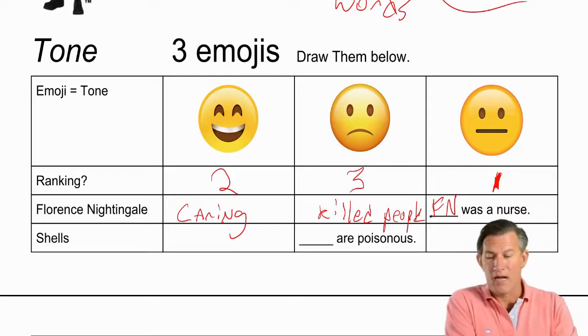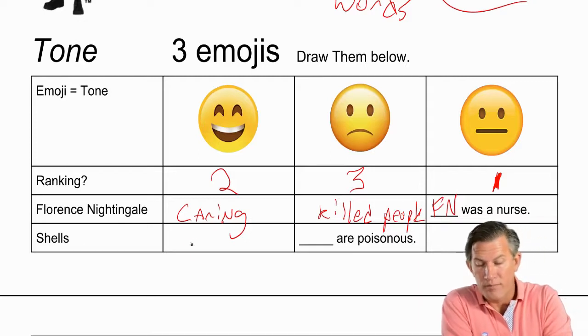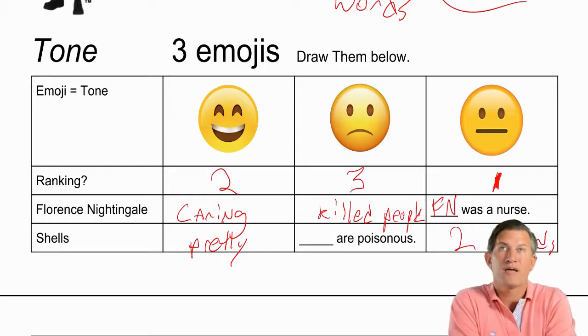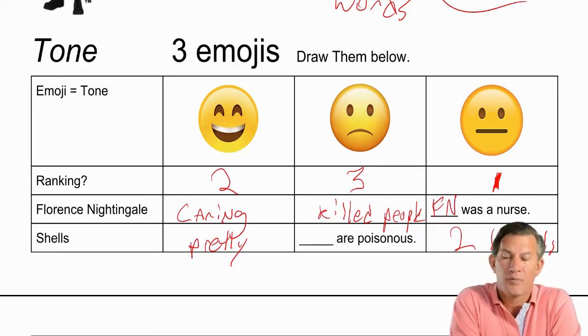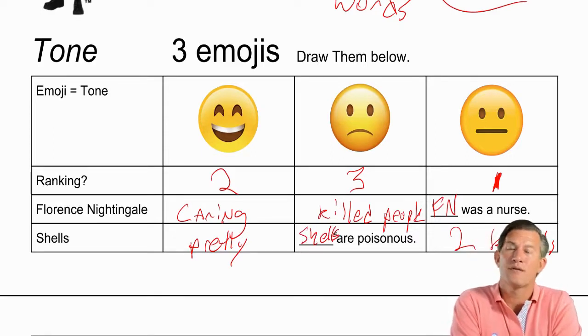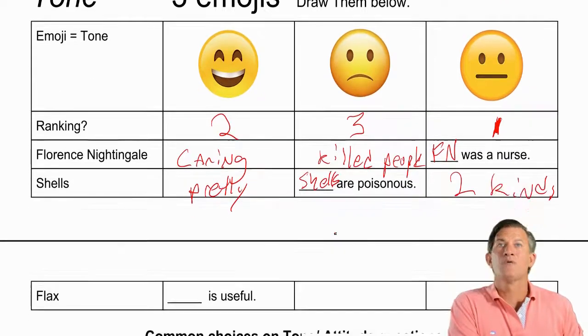So, shells, okay? Shells are pretty. There's 2 kinds of shells. That's just the facts. The fact that they're pretty is pretty awesome, I think. Okay, the fact that shells are poisonous, that's sort of bad. Okay, flax. Who knows what flax is?